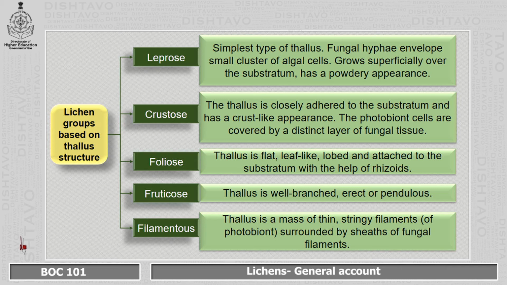And the last group is the filamentous lichen, wherein the thallus is a mass of thin stringy filaments made up of the photobiont, which is surrounded by the sheaths of fungal filaments. So, these are the 5 groups based on the thallus structure of lichens.